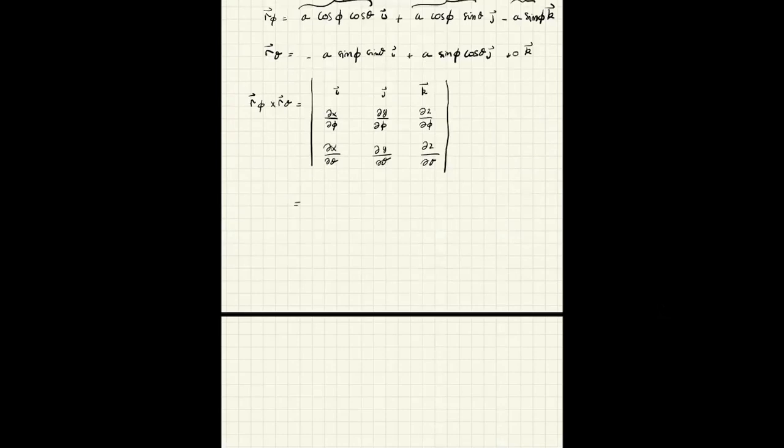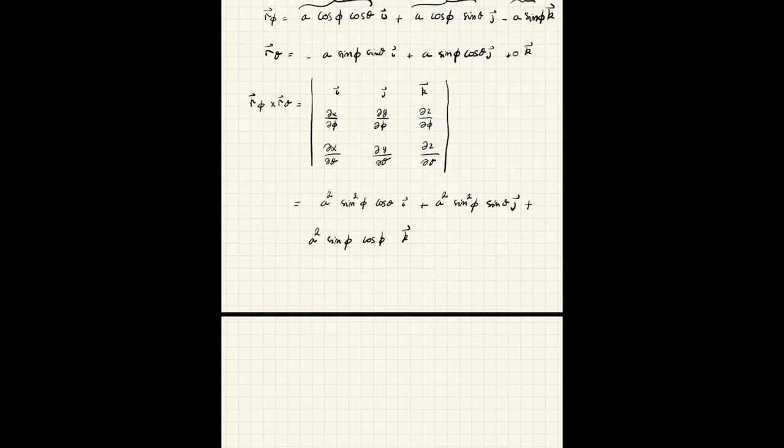It'll give you this: a squared sine squared phi cos theta i plus a squared sine squared phi sine theta j plus a squared sine phi cos phi k, right? So it's really nothing.